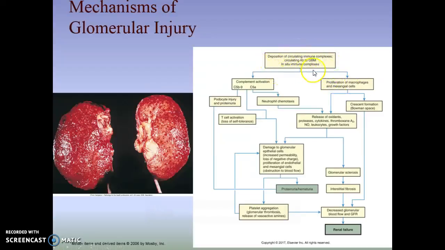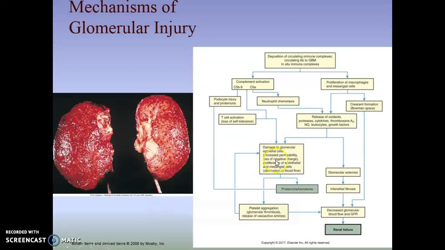With this initial injury or mechanism, you have proliferation of macrophages. Then you have release of oxidants, proteases, cytokines, leukocytes, growth factors. All of these are going to elicit damage to the glomerular epithelial cells.